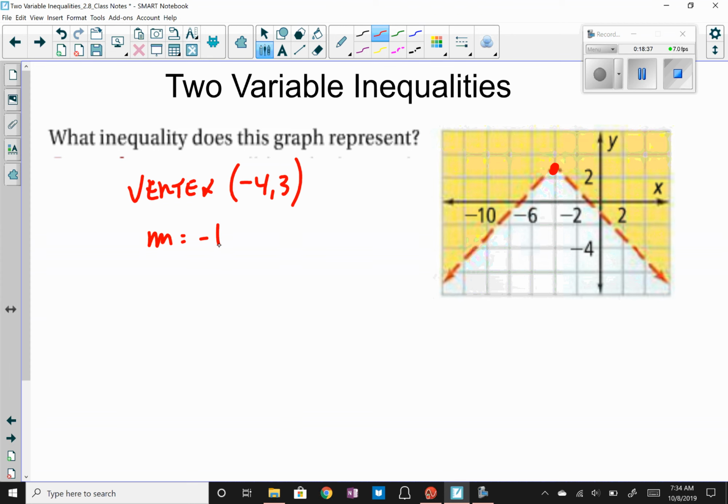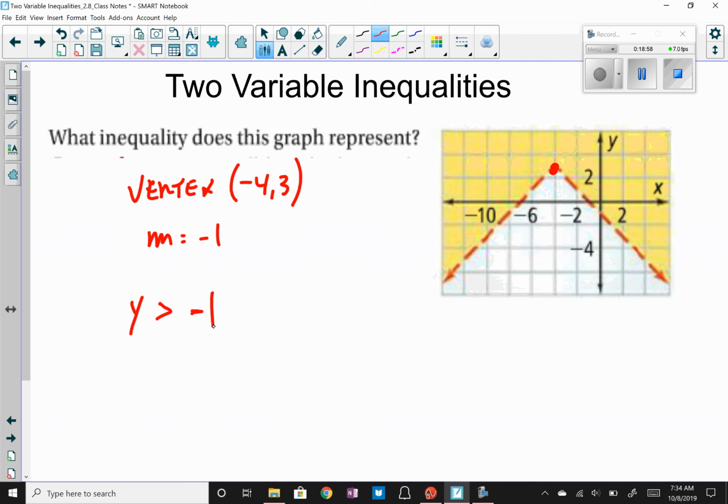All right, so we're ready to write it. So it's going to be y. Now the lines are dashed, so it's got to be less than or greater than. The shading is above the line, so it's got to be greater than. So our symbol will be greater than. And the slope is negative, so we're going to have a negative sign outside the absolute value symbols.